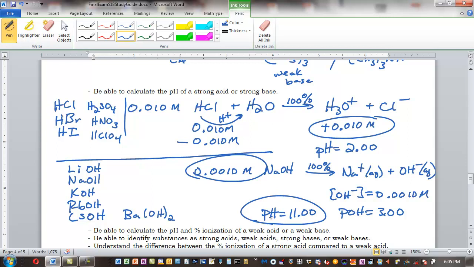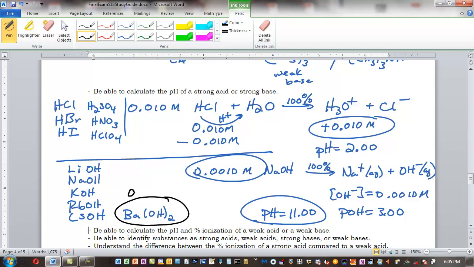Now the one strong base to watch out for is barium hydroxide, because when that dissolves, for every 1 unit of barium hydroxide, you're going to get 2 hydroxides. So your hydroxide is going to be double whatever the concentration of barium hydroxide is.